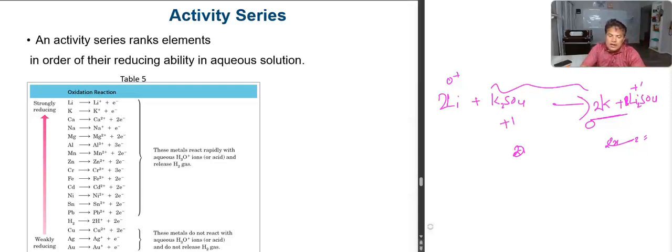These can react vigorously with H+, giving H2 gas. Lithium plus acid gives you hydrogen gas. So if the upper one can reduce the one below, this is the metal activity series.